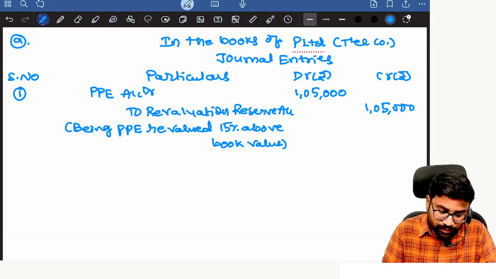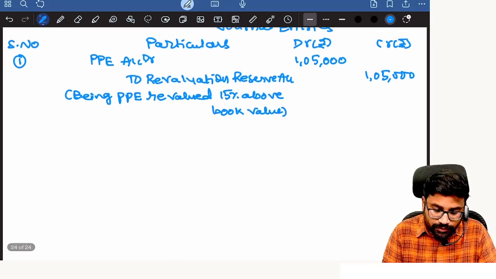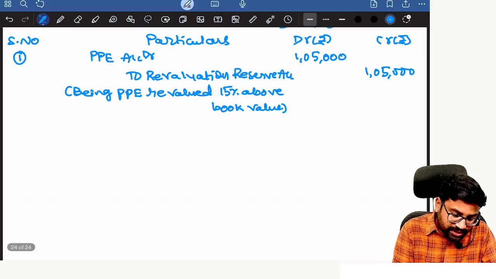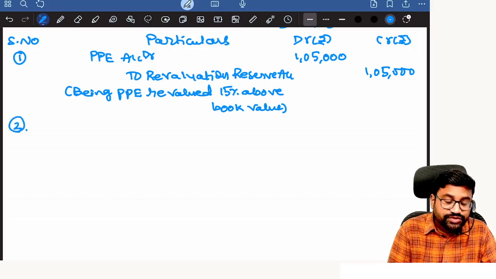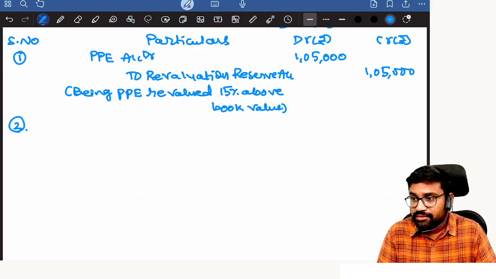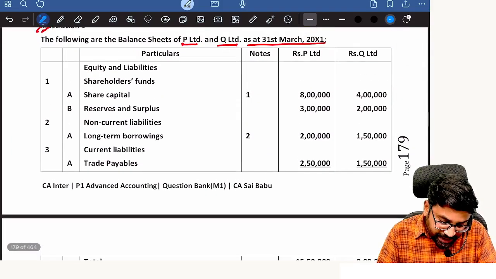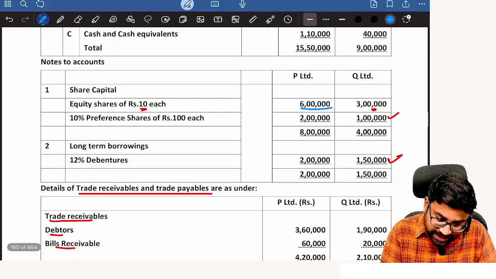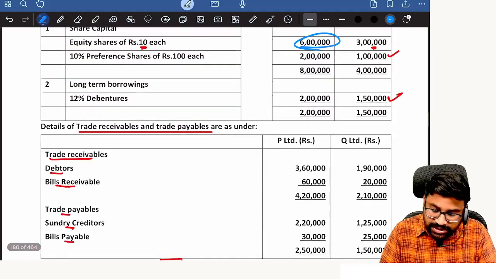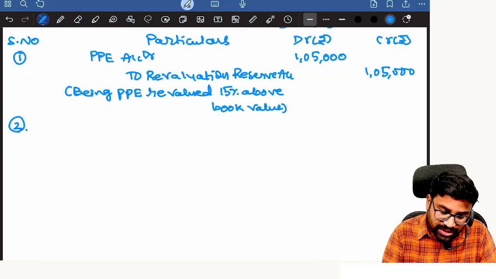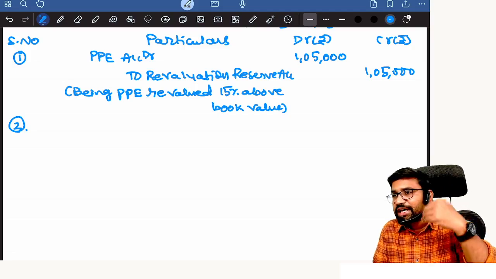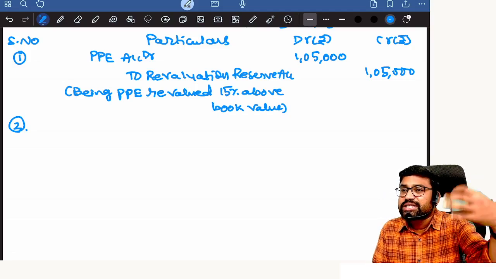Okay. Next. And also both the companies have done one thing, sir. What is that? Dividend. Which dividend? Equity dividend. So what is the equity share capital of P Limited? 6 lakhs into 10%. That means how much? 60,000 dividend. Whenever we declare a dividend, it is declared from reserves and surplus.